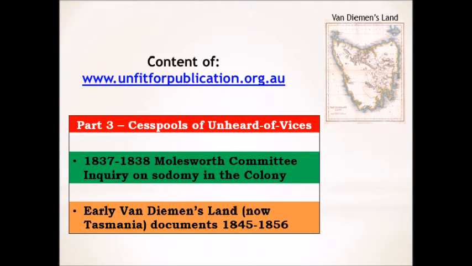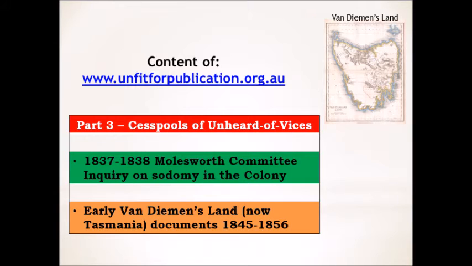Okay, having explored Part 2, the trials, we now go to Part 3. Seemed very logical to move from 2 to 3, doesn't it? Now, it's called Cesspools of Unheard of Vices. And this part is entirely dedicated to early Tasmanian convict documents.